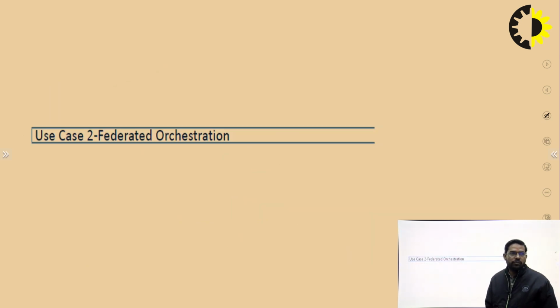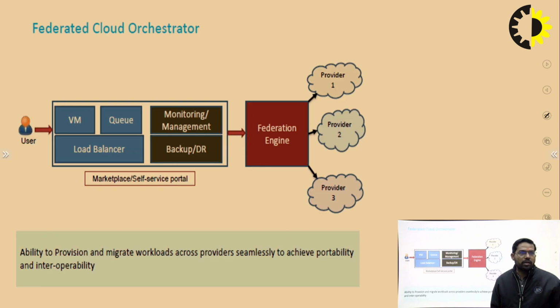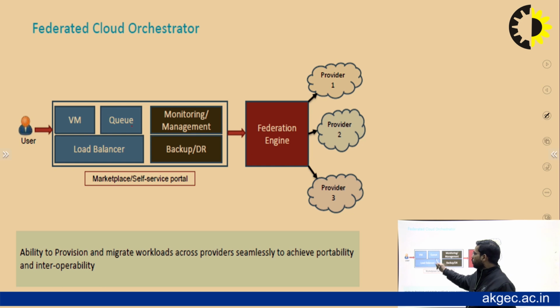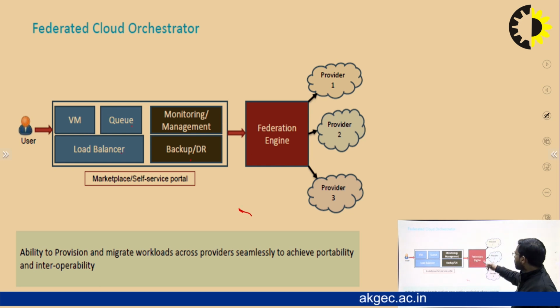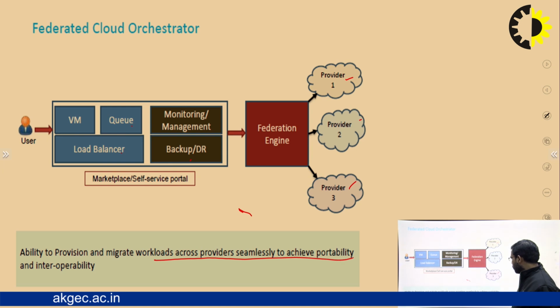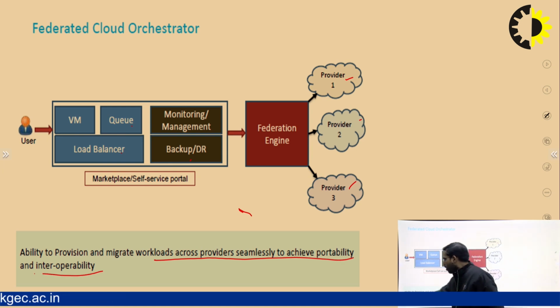Use case 2, federated orchestration. Orchestration covers users, virtual machines, queues, load balancers, monitoring, management and backup, and there is a federated engine provided to service providers 1, 2 and 3. In this orchestration, basically we provision and migrate workloads across providers seamlessly to achieve portability and interoperability.